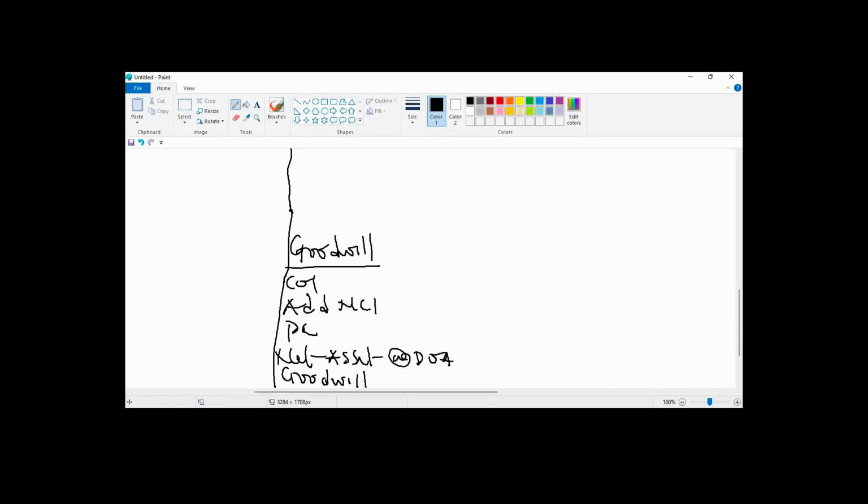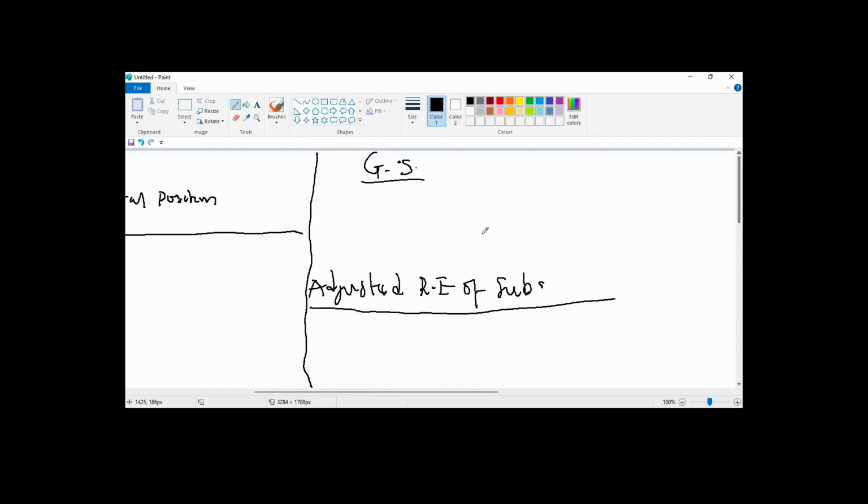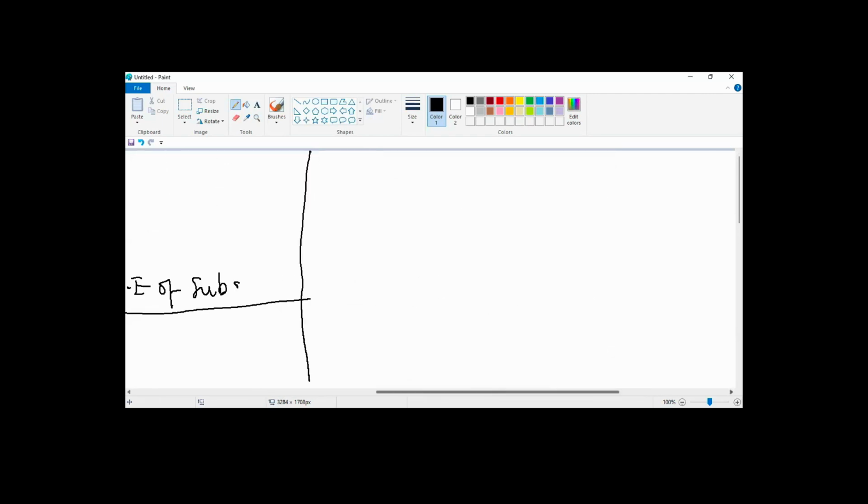After the goodwill, I need to calculate consolidated retained earnings, or retained earnings of the parent as per SOFP.